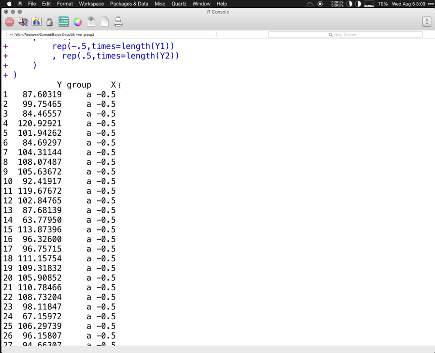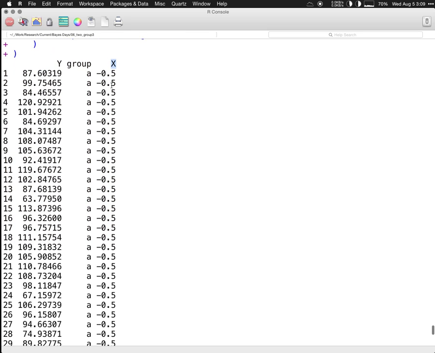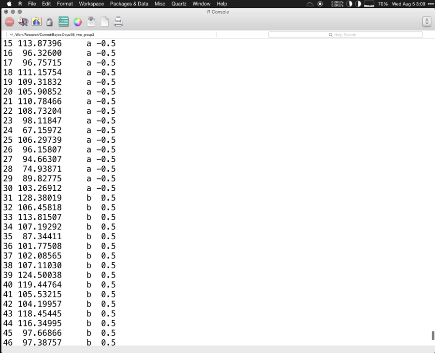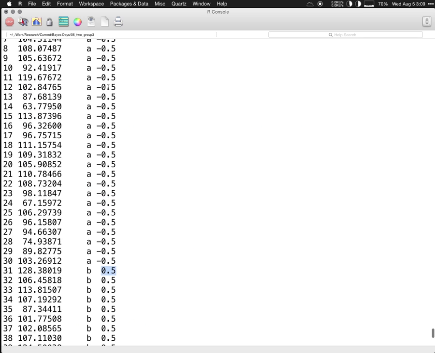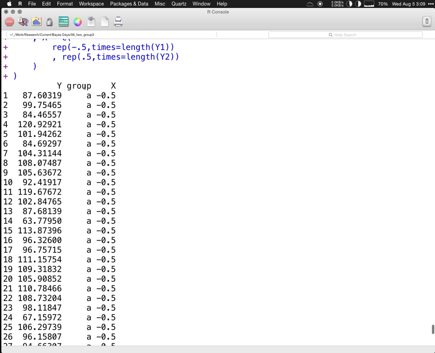I've got a column here called X, and this is just a numeric coding for what's in this column. So whenever you see an A, it should be negative 0.5, and whenever you see a B, it should be positive 0.5. That's called a contrast. Whenever you do any sort of analysis in R where there's a letter in the column, R will, behind the scenes, automatically convert that letter to a number.